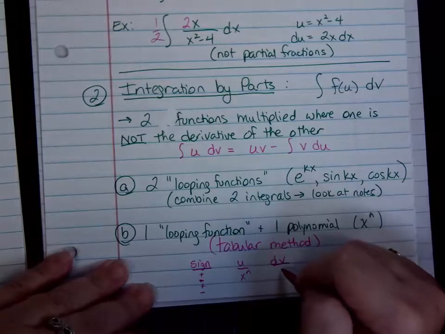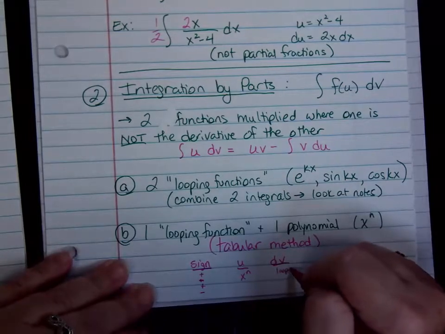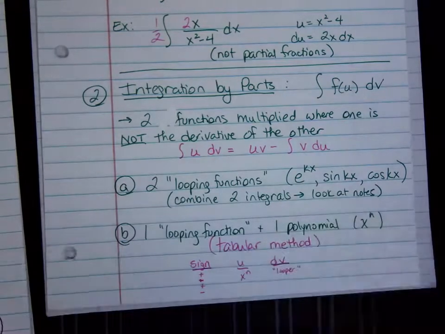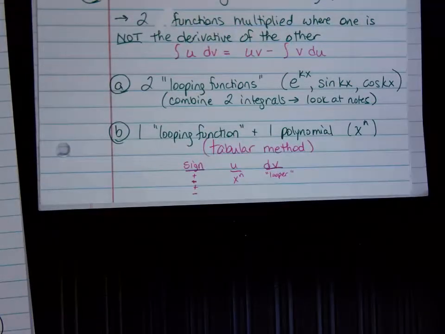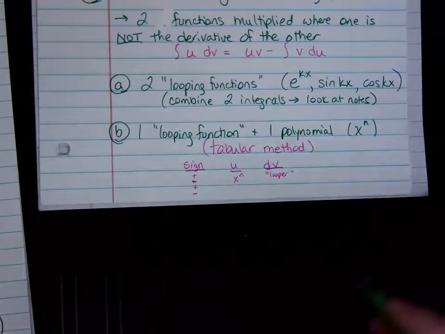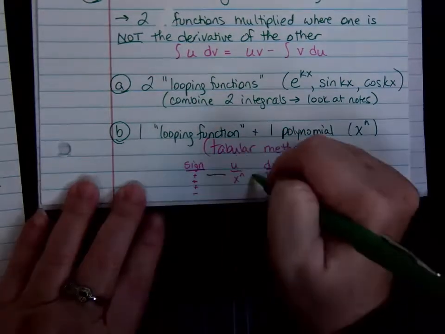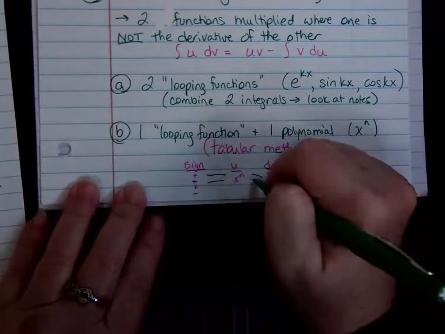And the dv is the looper. Whatever loops goes under the dv. Let me move that up so everybody can see. The signs go plus, minus, plus, minus. The u is always the one with the x, so that when you take its derivative over and over, it eventually gets to 0. And then the dv is the looping one. And remember that diagonally, it does a weird connection this way and then down. This way and then down.